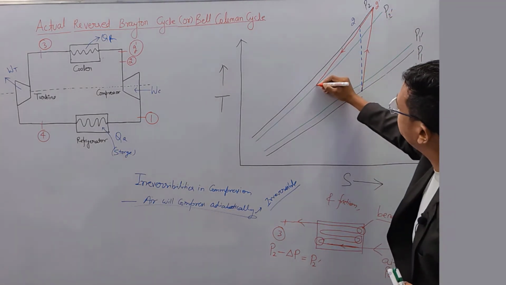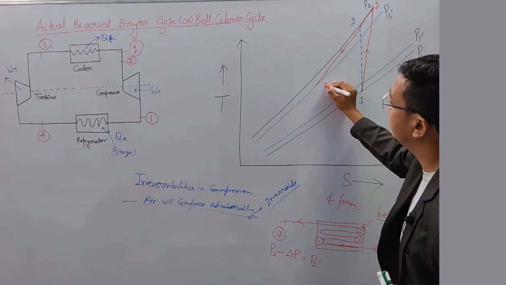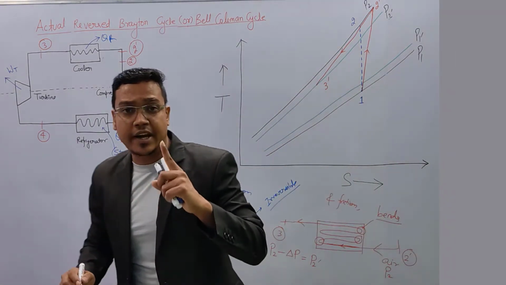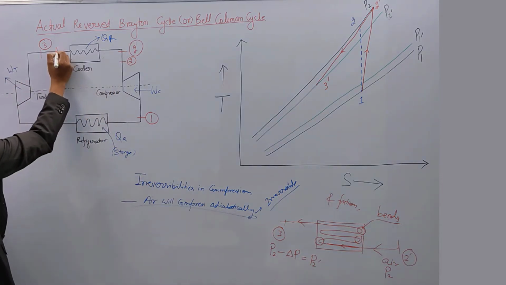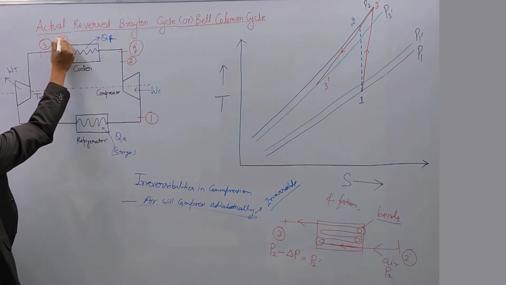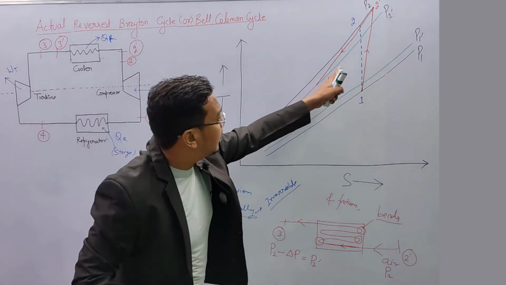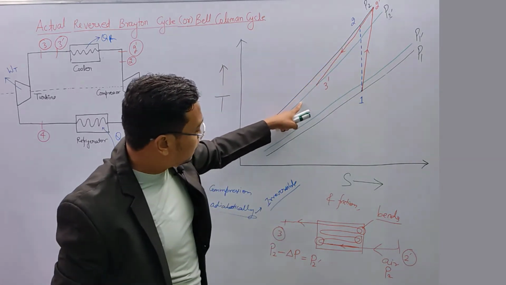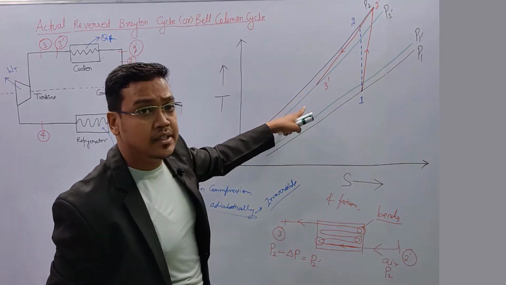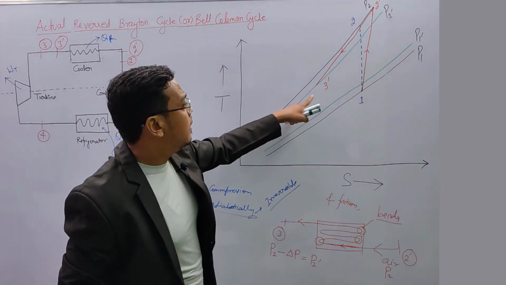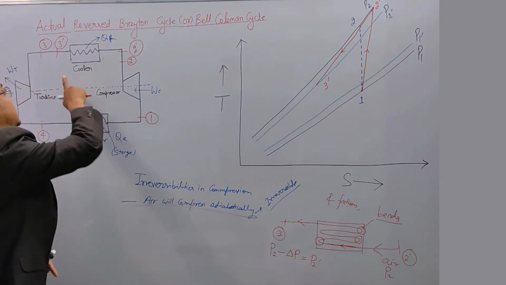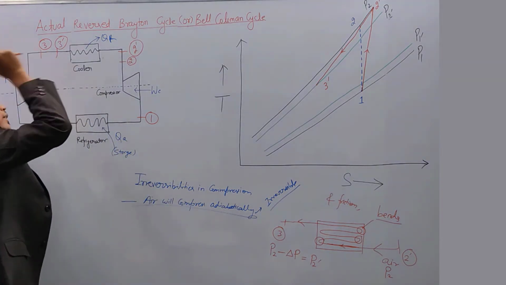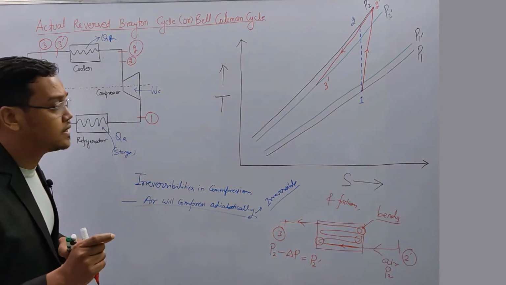And now this will be point number 3 dash. Remember, I told you, during heat rejection, pressure will reduce, temperature will reduce, entropy will decrease. Okay, now it is at point number 3 dash, not 3. It is at point number 3 dash.